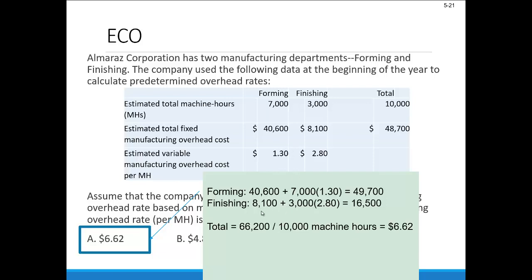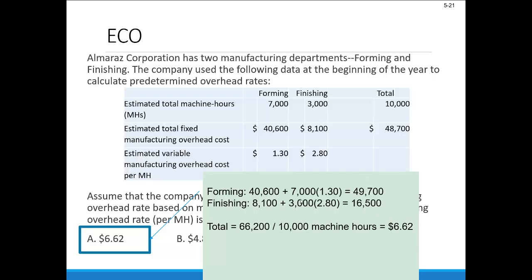In the finishing department, that's $8,100 in estimated fixed overhead, plus 3,000 estimated machine hours times the $2.80 in estimated variable overhead cost over there. So there's our 49,700 and 16,500 respectively in those two departments.